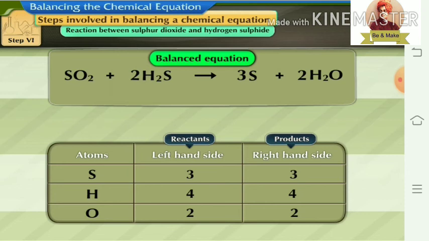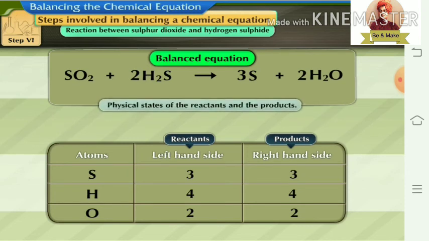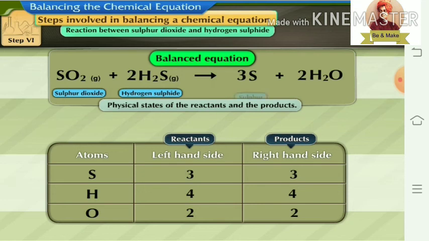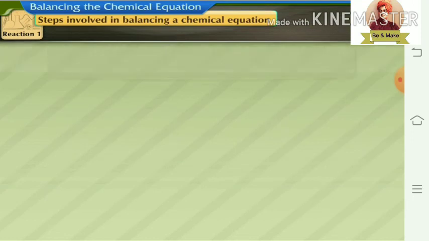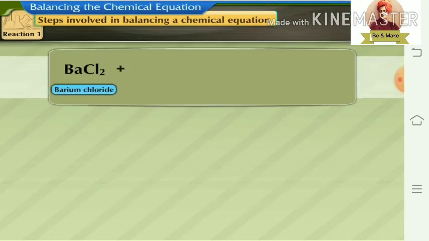Now we have to make it more informative, and that is step 7. In step 7, we have to write the physical states of reactants and products. Thus, SO2 is gaseous at room temperature, hydrogen sulfide is also gaseous, and when it transforms into sulfur it is solid, and H2O is in gaseous state. Actually at room temperature this H2O is liquid. Thus this reaction has become more informative.